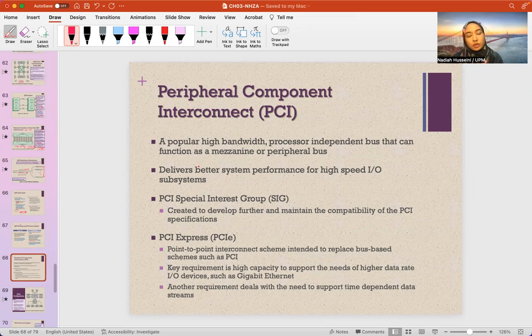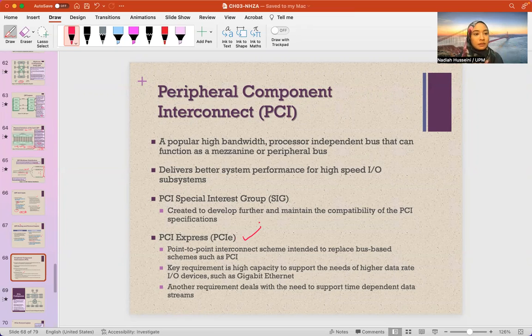So what's the difference to a common bus? It is high bandwidth. There is the PCI special interest group, and we also have PCI Express. We will only talk about PCI Express moving on. It is a point-to-point interconnect scheme intended to replace bus-based schemes such as PCI. As I told you before, PCI has high bandwidth.